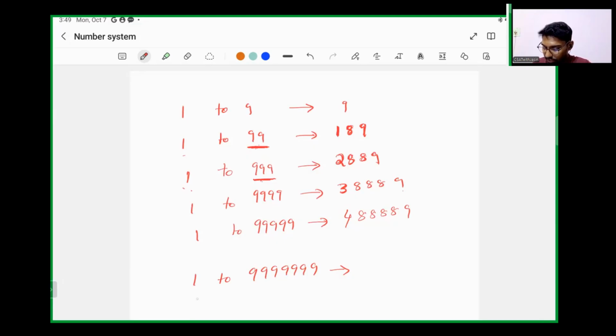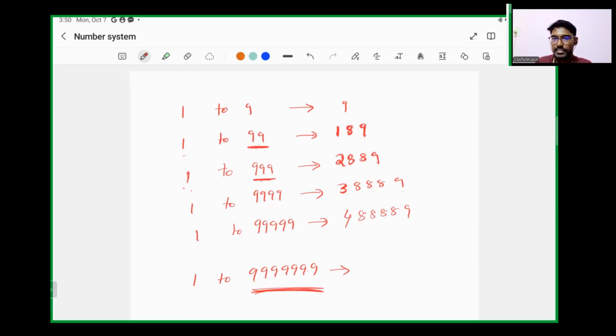So just tell me, there are 1, 2, 3, 4, 5, 6, 7 nines. How many digits will be there? So this is the largest 7-digit number. Same question I can ask like, I am taking all the natural numbers till the largest 7-digit number.